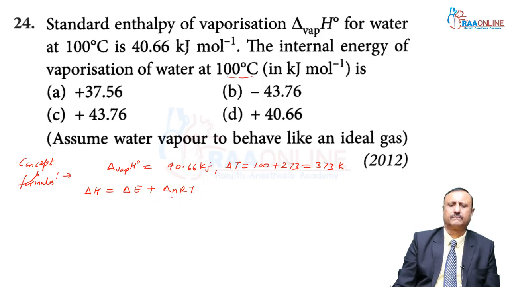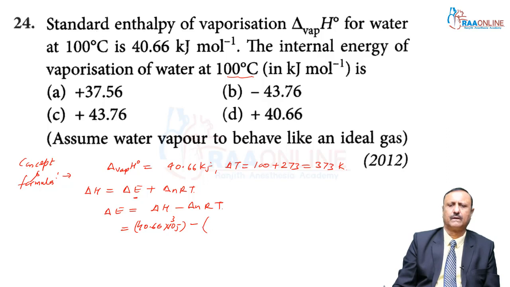Here you want delta E, so delta E is equal to delta H minus delta nRT. Now, what is delta H? It is 40.66 kilojoule, which is converted to joule, so 40.66 into 10 to the power 3 joule.